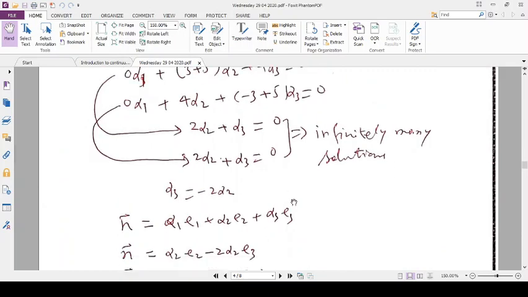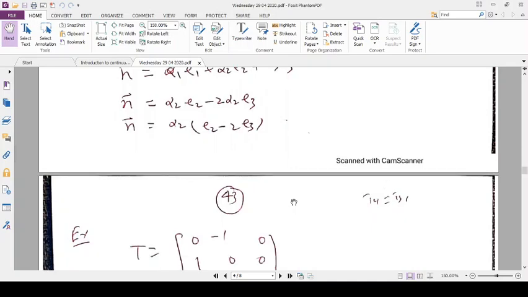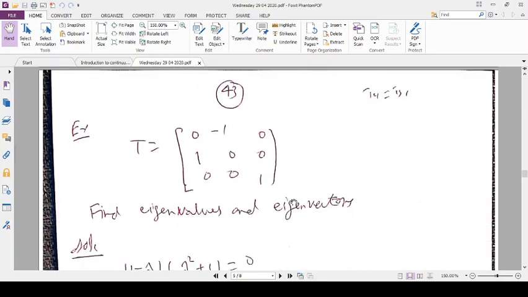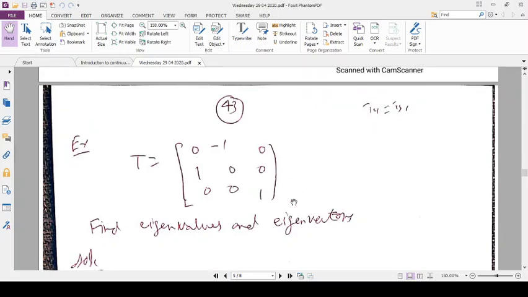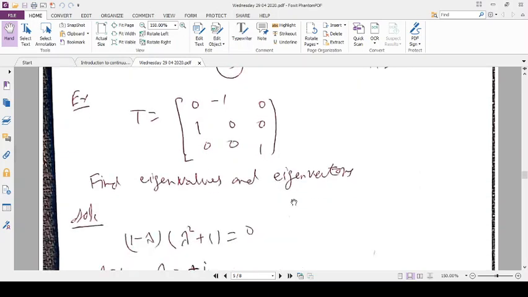So what is the result? The result is, if you have a real symmetric tensor, then all eigenvalues will be real. But if you have a tensor which is not symmetric or not real, then it is possible that it would have complex values. If there are 3 eigenvalues, then one will be real and the other 2 will be complex conjugates of each other.